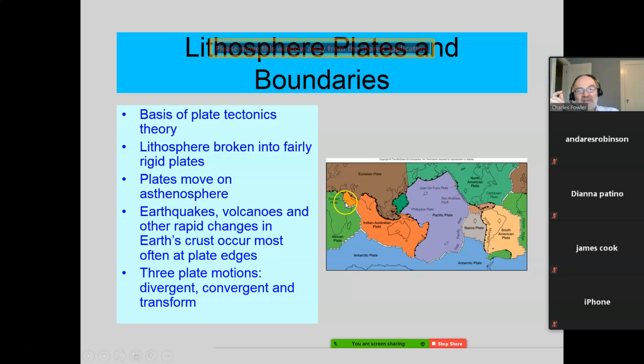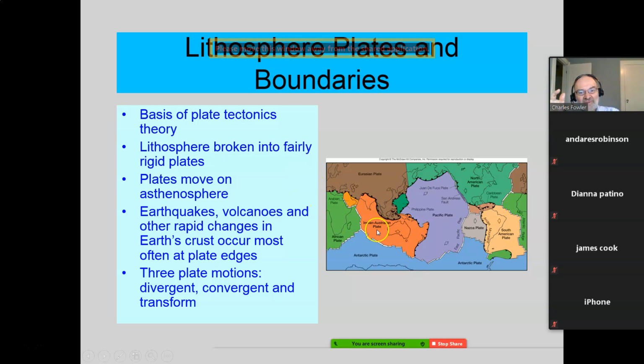The Red Sea is, if I'm not mistaken, a divergent plate, and this is where Africa is actually moving off from the Arabian Peninsula a little bit more all the time. Not a major amount, not enough to notice, but over geologic time it is significant.